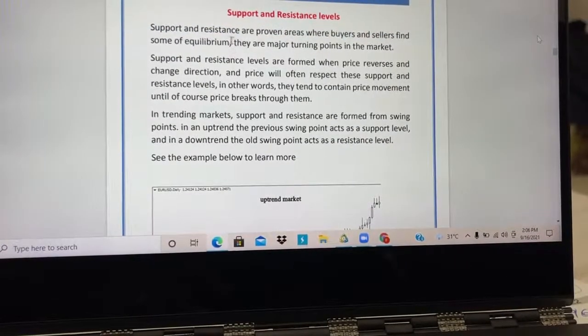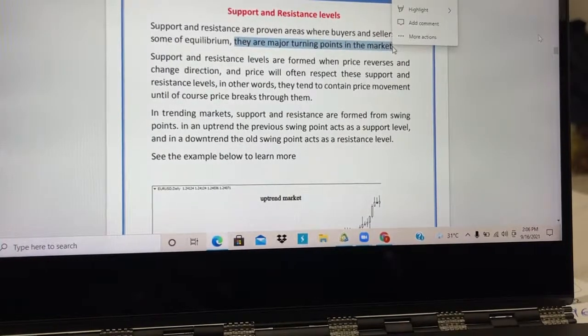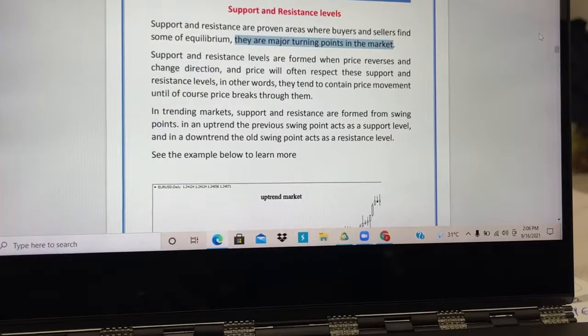And there are also major turning points on the market, which is why we have engulfing candles, bullish and bearish, because those candles tell us the exact moment when the market is expected to reverse.